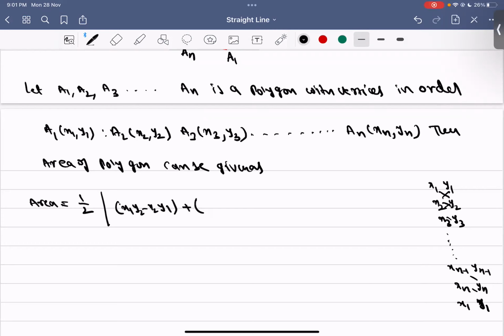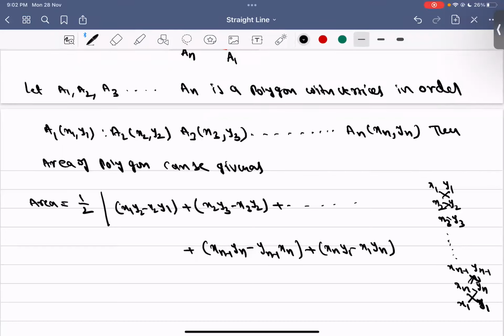Plus the second bracket is x2 y3 minus x3 y2, plus etc. The last-but-one bracket is x(n-1) yn minus y(n-1) xn, plus the last bracket is xn y1 minus x1 yn.